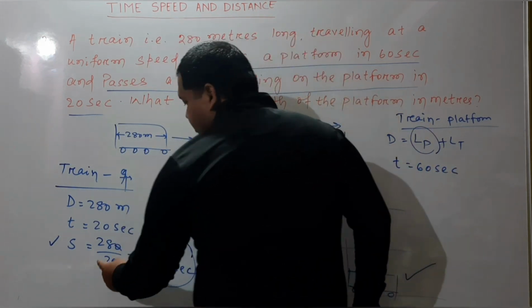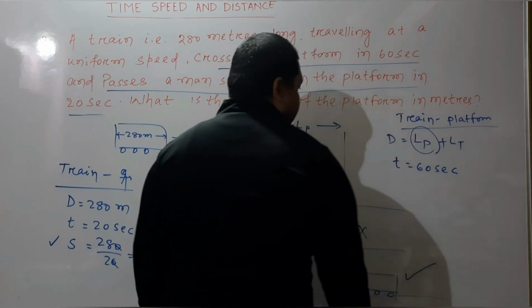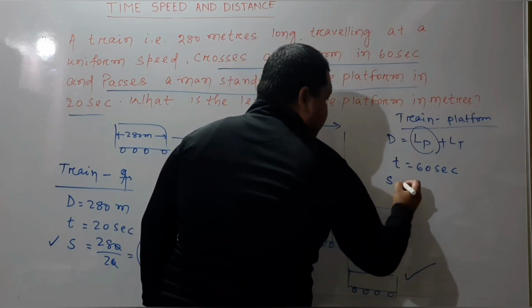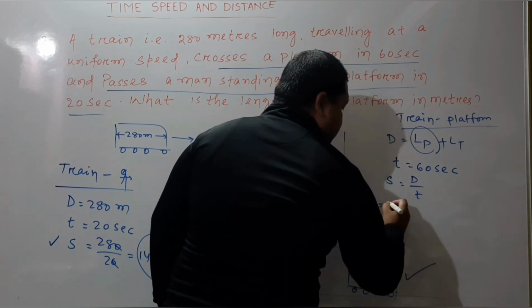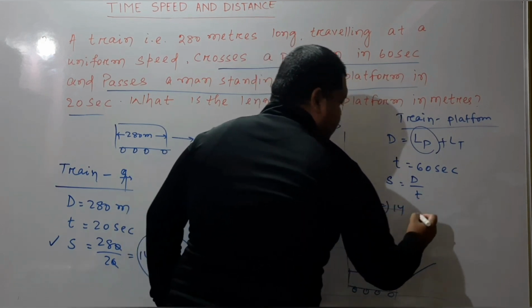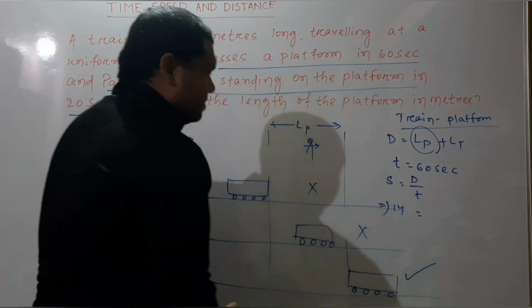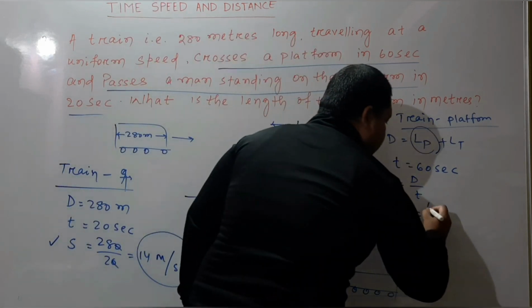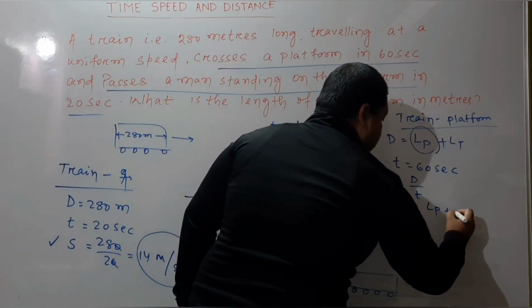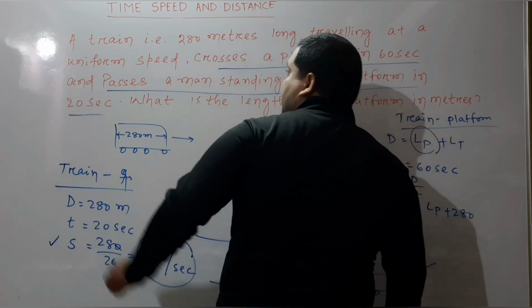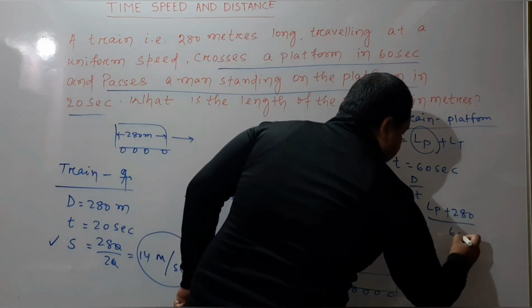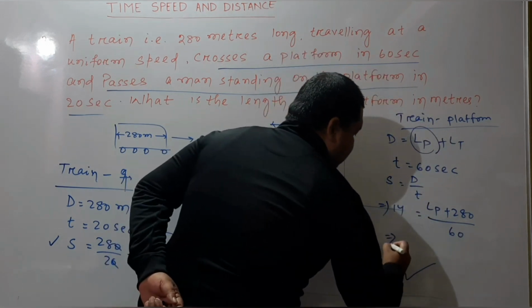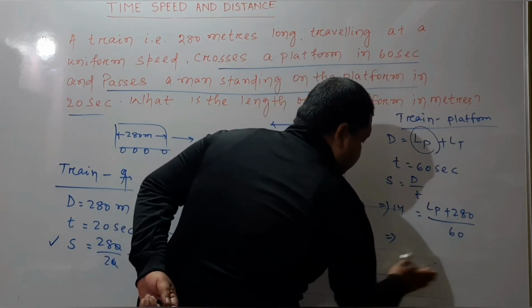And speed we already calculated, that is 14 meter per second. And you know speed is distance by time. So 14 is equal to distance, LP plus 280, because length of the train is 280 meter, divided by time 60. So easily you can calculate your answer.